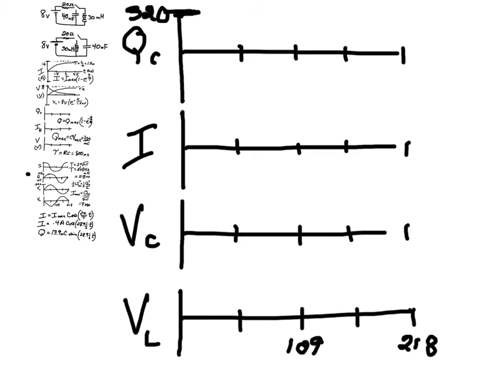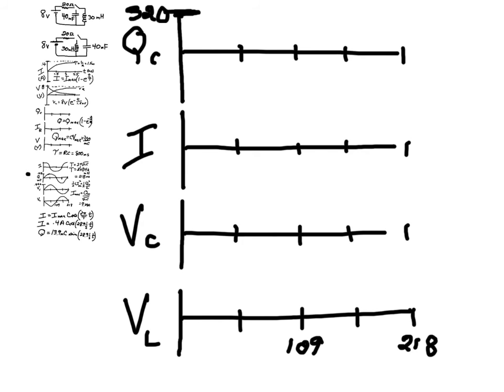So in this circuit, we're charging a 40 millifarad capacitor with 8 volts. So if we do Q equals CV, we have 8 times 40, which is 320.